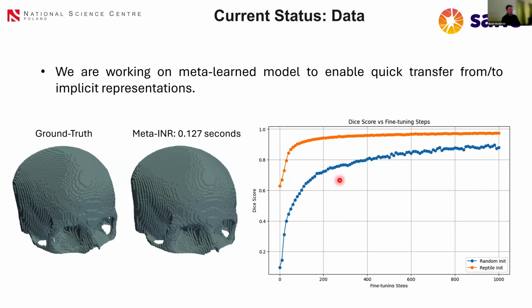Here you can see that by using Reptile initialization, after just 400 iterations of fine-tuning the model, we can completely reconstruct a particular shape with a dice score close to 1. It allows us to tune a model to a particular shape in just about 100 milliseconds for the perfect fit.